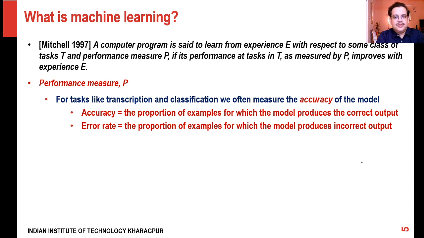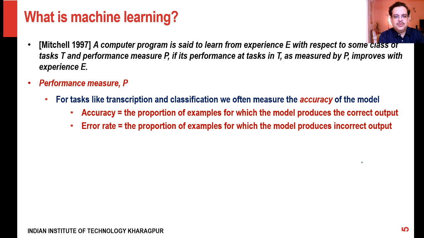So for example, if you make a machine learning program, you train it to learn how to recognize, let's say, horses, then the accuracy is measured in terms of the proportion of examples for which the model produces the correct output. For example, the set of images where it recognizes a horse correctly, and the error rate is the proportion of examples for which the model produces incorrect output.